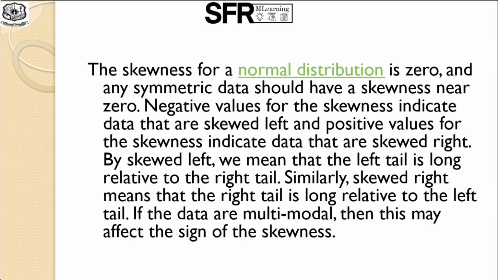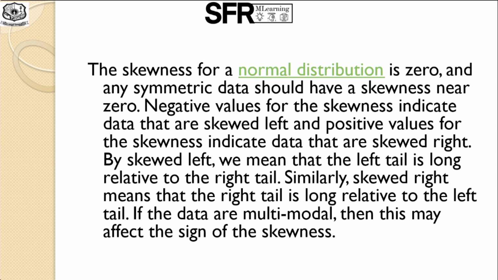Then, if the given data are multimodal, it will affect the sign of the skewness. If it is right tail, we can easily say that it is positively skewed. If it is left tail, it is known as negatively skewed.